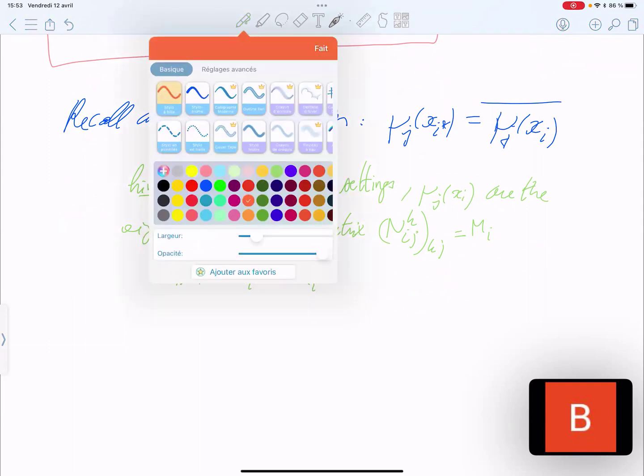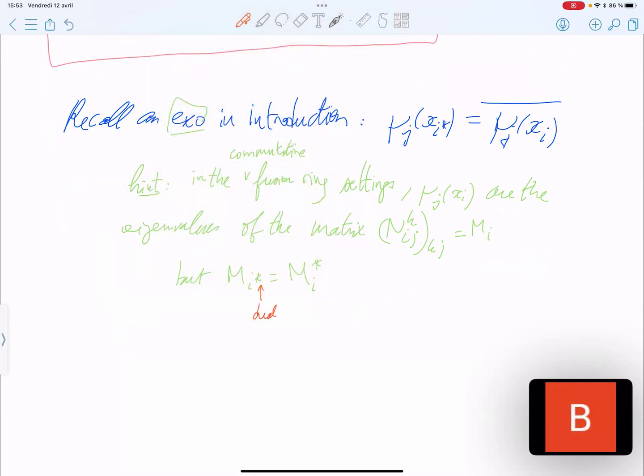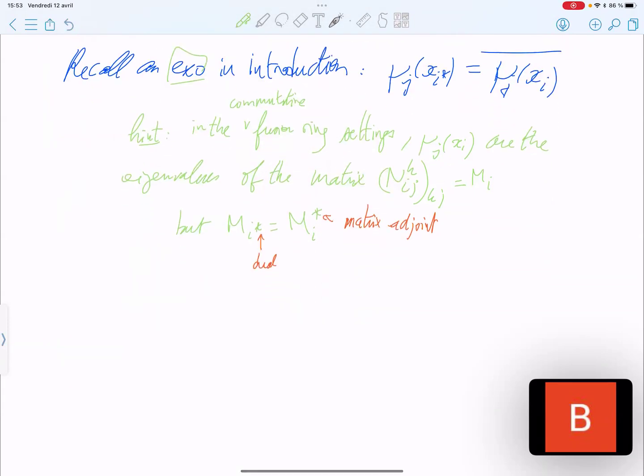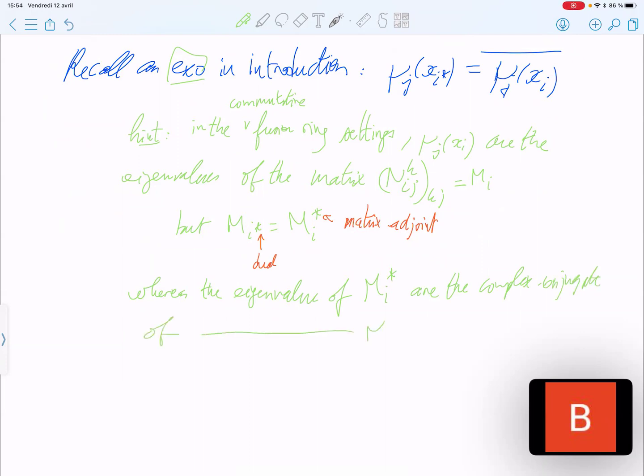As usual, the dual is the matrix adjoint, whereas the eigenvalues of M_i star are the complex conjugates of the eigenvalues of M_i.